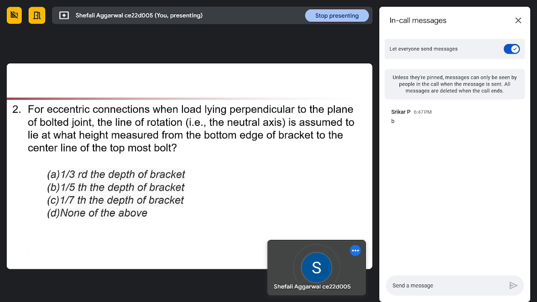Next question. For eccentric connections, when the load is lying perpendicular to the plane of the bolted joints, the line of rotation or the neutral axis is assumed to lie at what height, measured from the bottom edge of the bracket to the center line of the topmost bolt? 1/3 of the depth of the bracket, 1/5, 1/7, or none of the above.